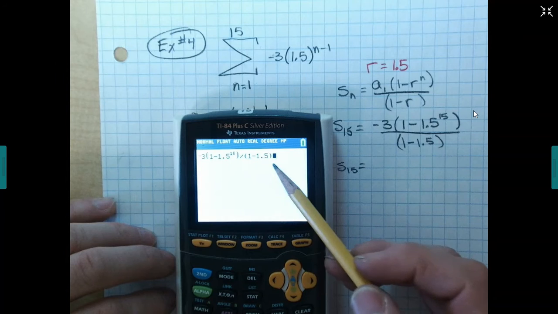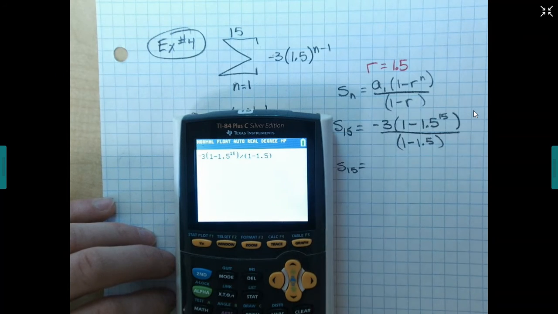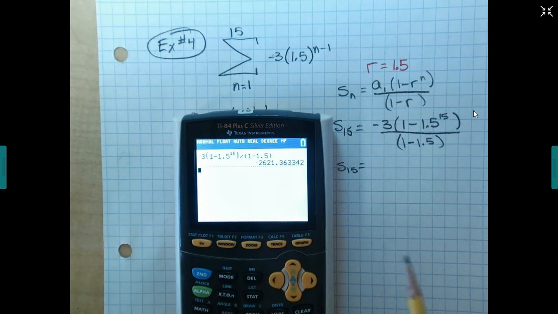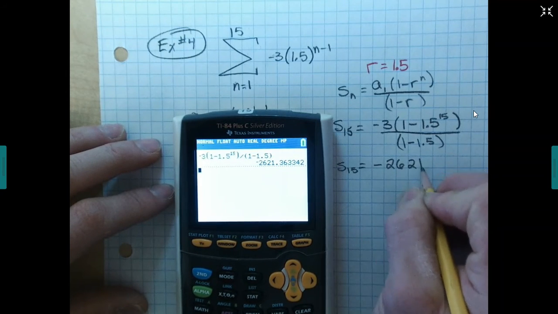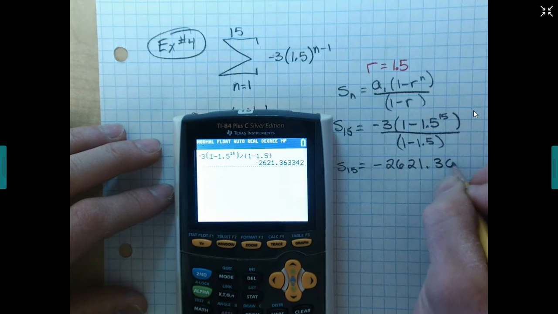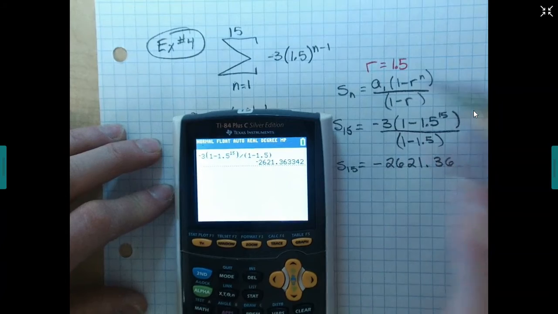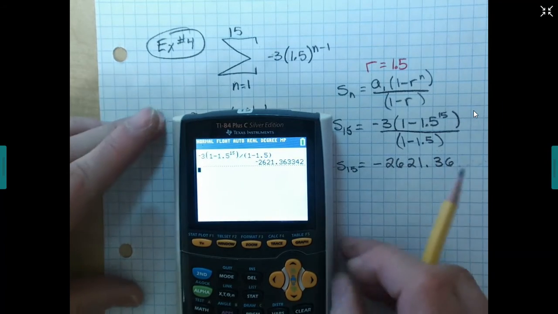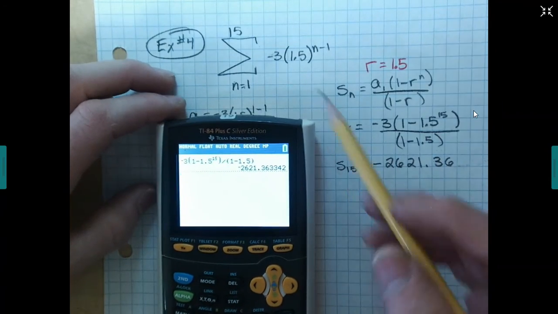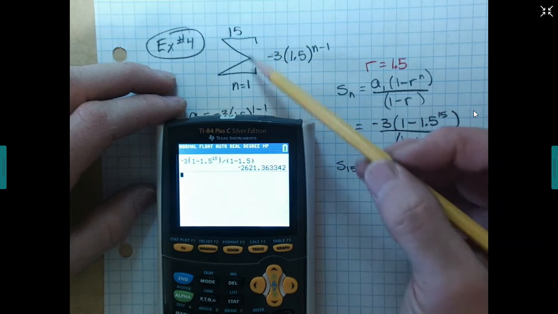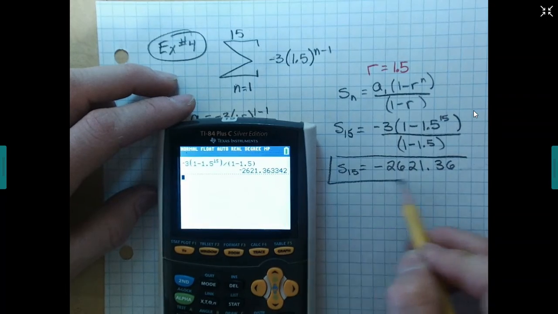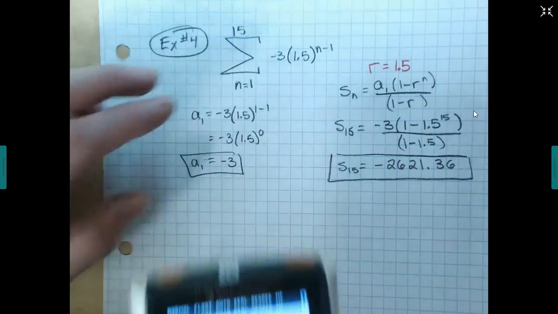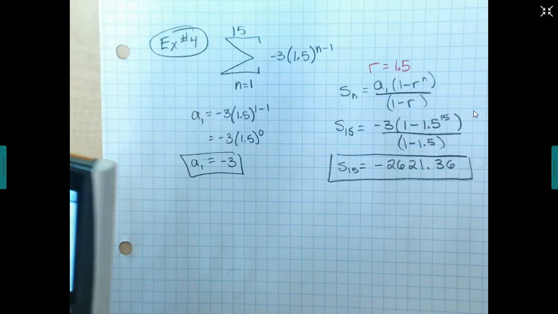Make sure you put this into parentheses. And we get negative 2621.36 and it keeps going, but I'm going to round it off to the hundredths place. So the sum of the first 15 terms, 1 through 15, is negative 2,621.36.